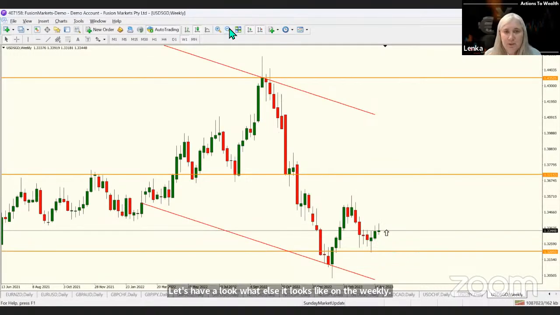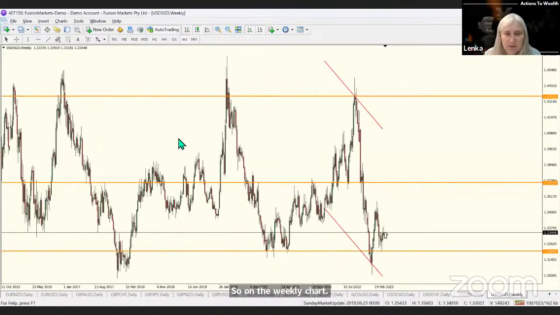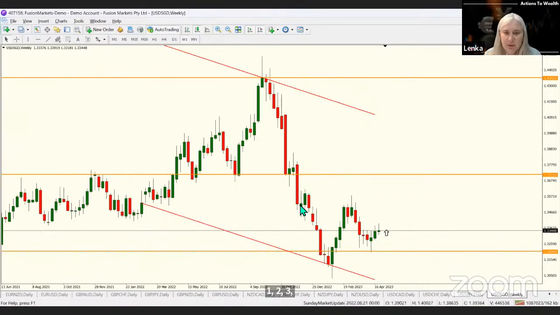So on the weekly chart, let's see, we have 1, 2, 3, yep, 4, 5 touches. Here we had a reversal with the bullish, came back down.